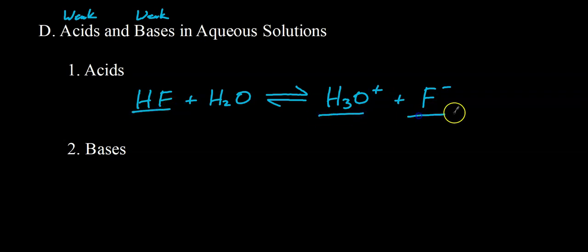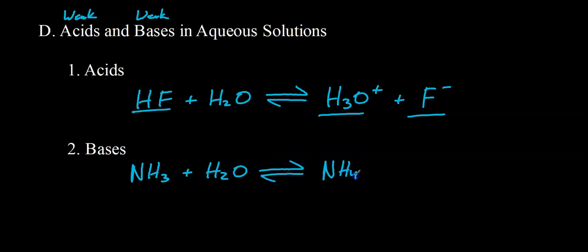So all of these substances are in solution at the same time. An example of a weak base is ammonia. So ammonia can react with water to produce ammonium ions and hydroxide ions. And once again, all of these substances are present in solution, of course, with the water.